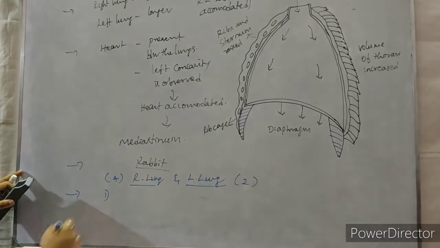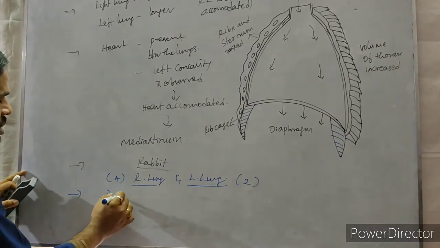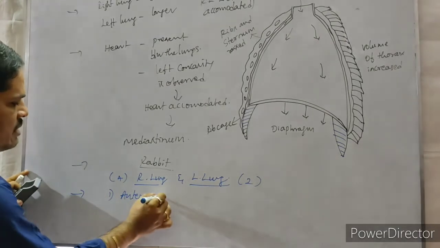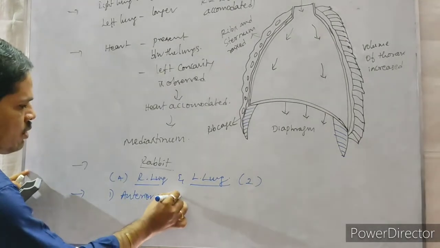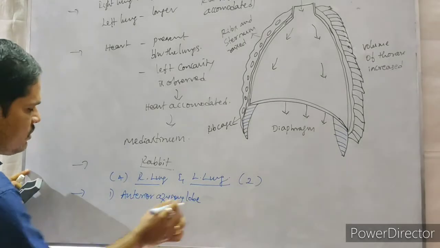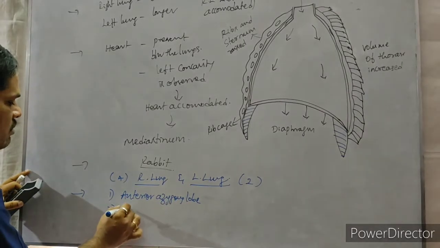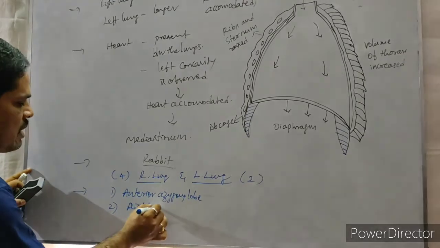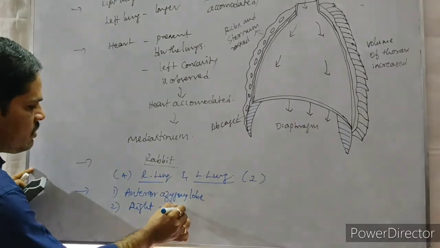What are those 4 lobes? The first one is the anterior azygous lobe. The second one is the right anterior lobe.